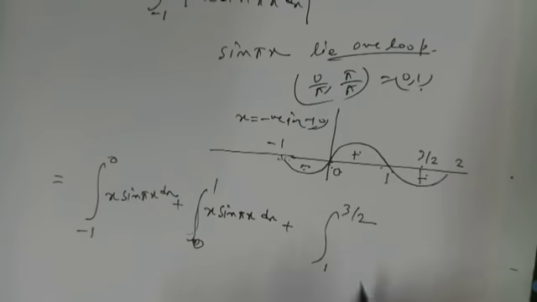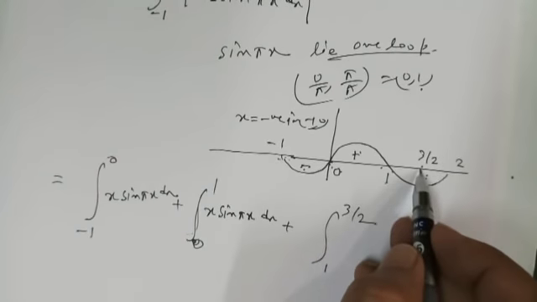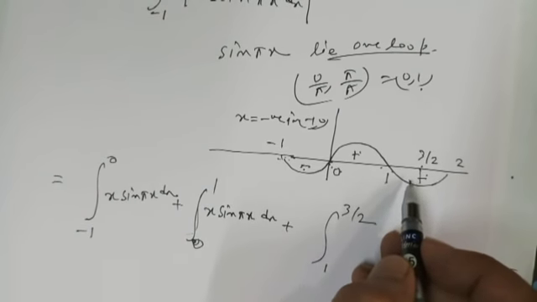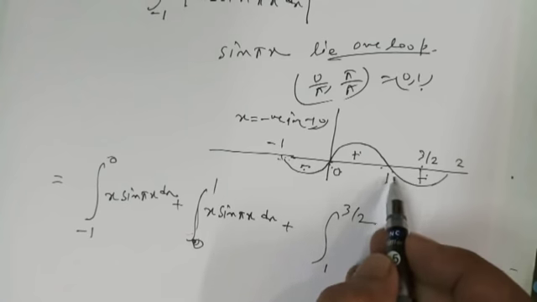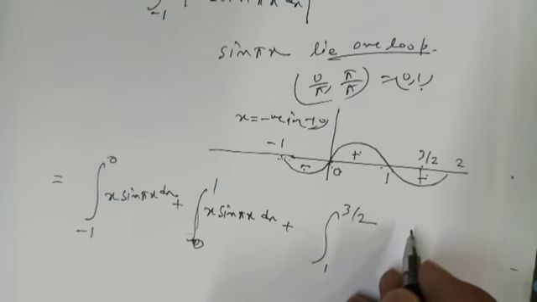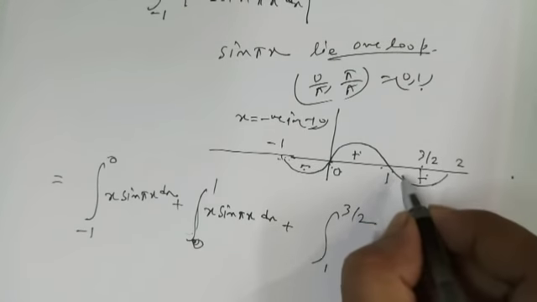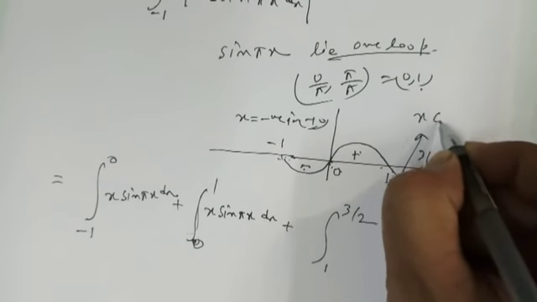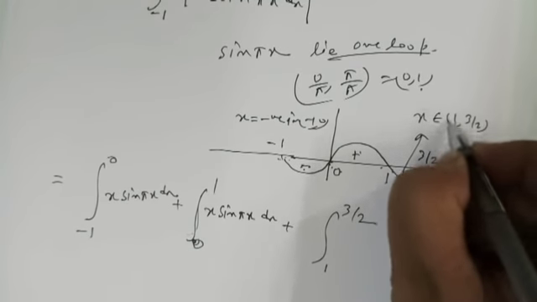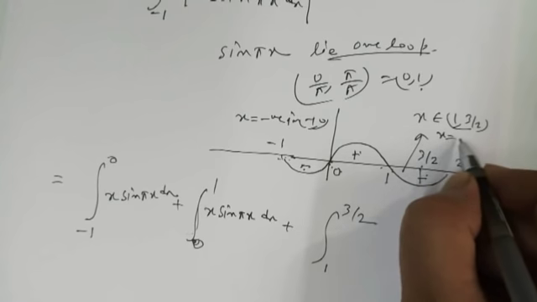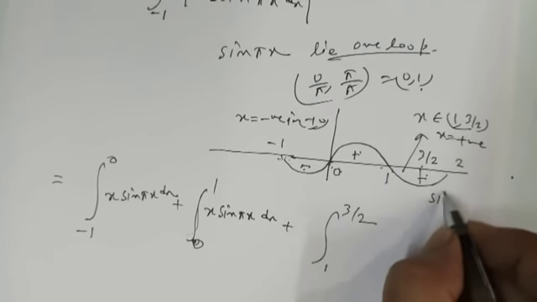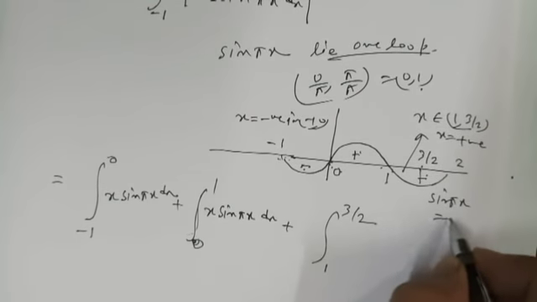And in the 1 to 3/2 interval, sin pi x is negative but x is positive, because x lies between 1 and 3/2. So x sin pi x is negative.